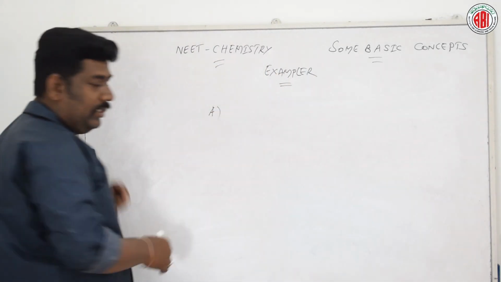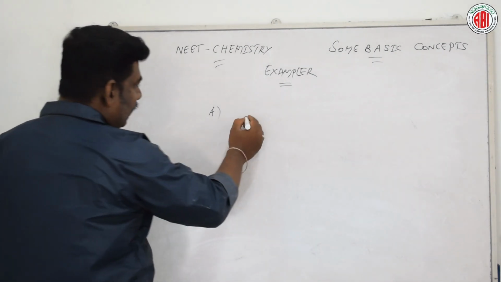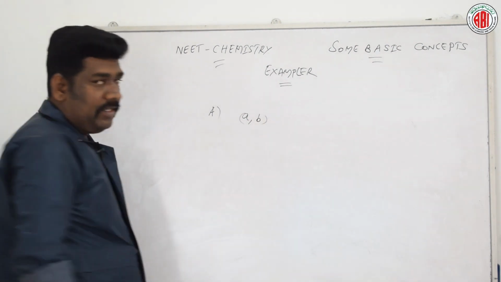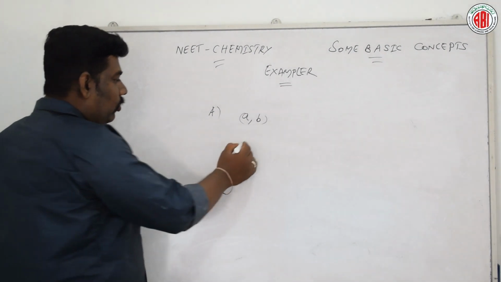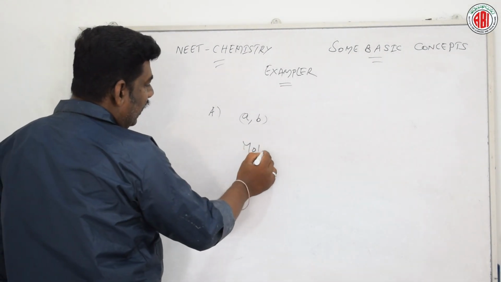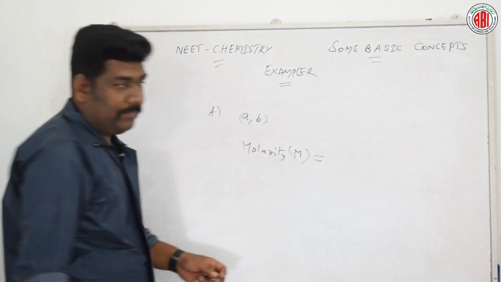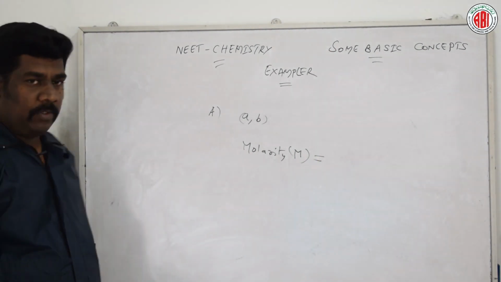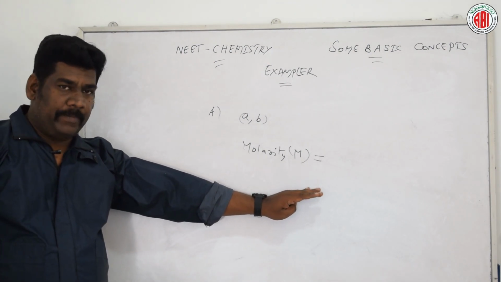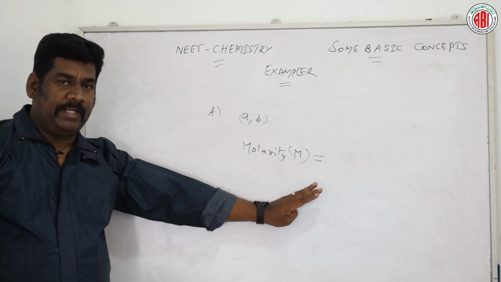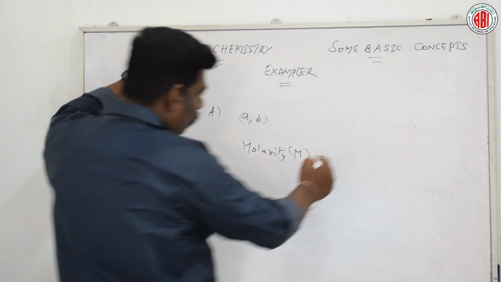The answer for this question: if you look at all the four options, option A and B both have the same concentration, same molarity. Let us see how it is possible. Concentration is nothing but molarity. You know the formula, molarity, capital M. So molarity is equal to weight of the sodium hydroxide into 1000 by molecular weight of the sodium hydroxide into the volume given in ml.